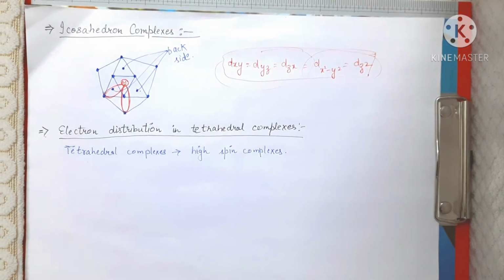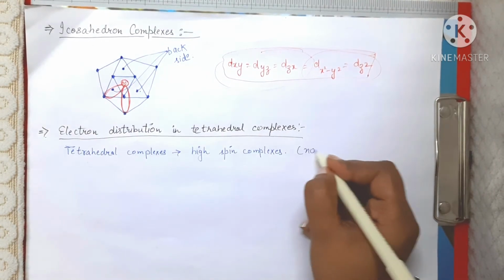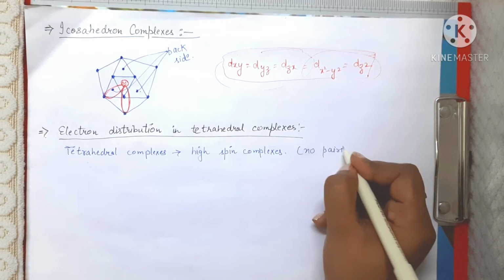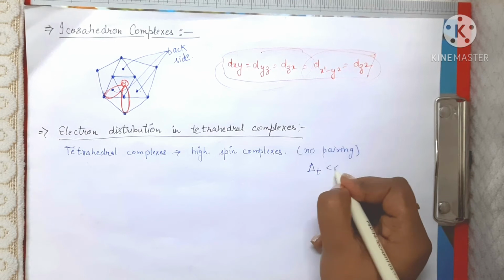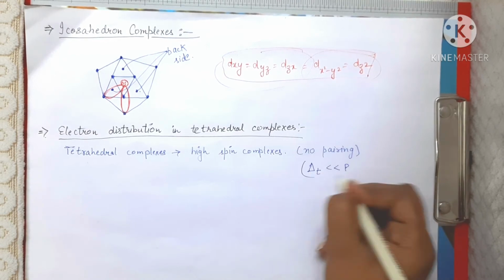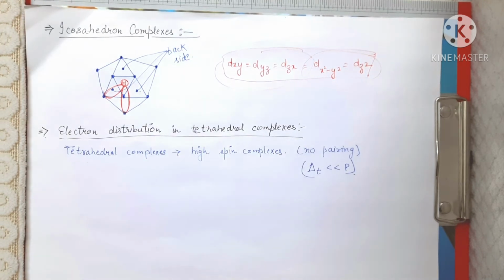What I mean by high spin complexes is that while filling the electrons, we have to remember that no pairing will take place, right? Or we can say that delta T will be much less than the pairing energy. So the electron will directly go to the T2 orbitals.